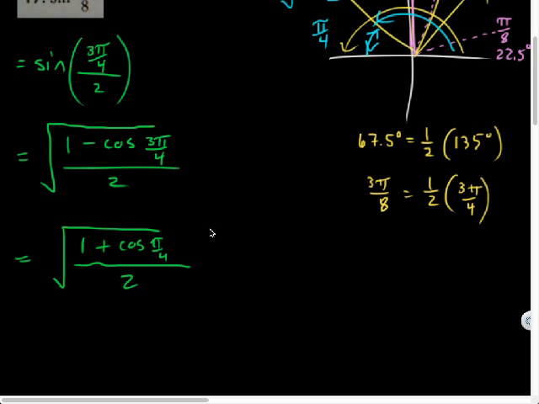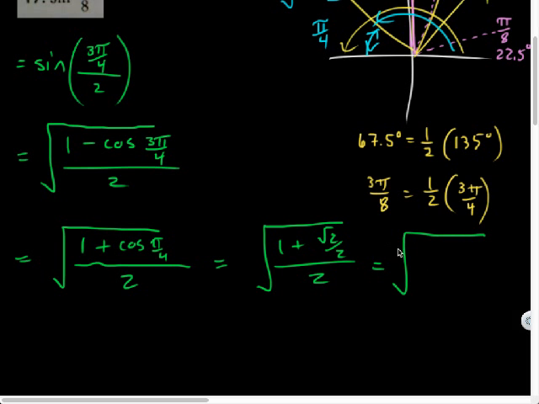Cosine of pi over 4, what's that? Root 2 over 2, all over 2. This becomes 2/4 plus the square root of 2 over 4. If I divide this, I get fourths, and 1/2 is the same as 2/4.